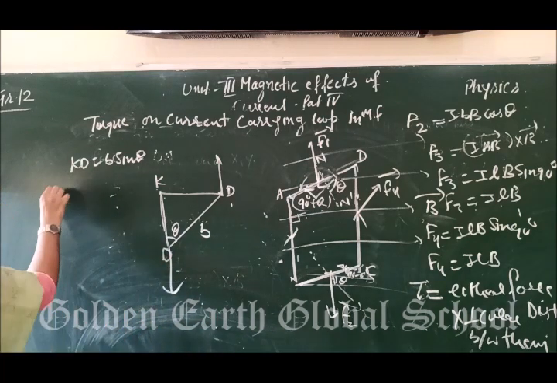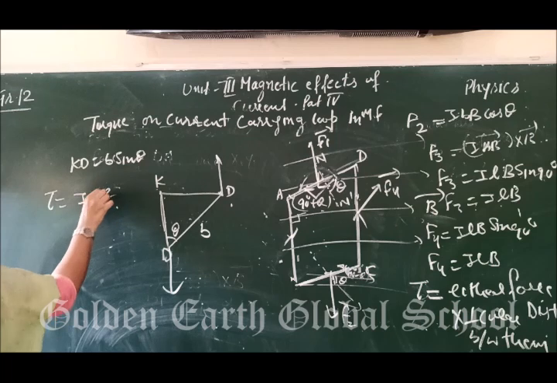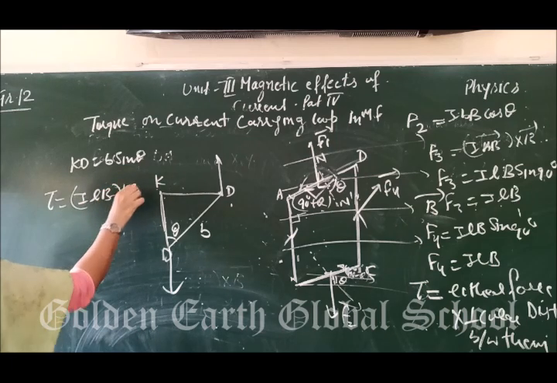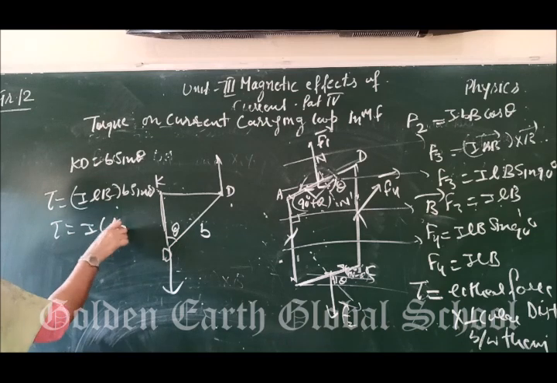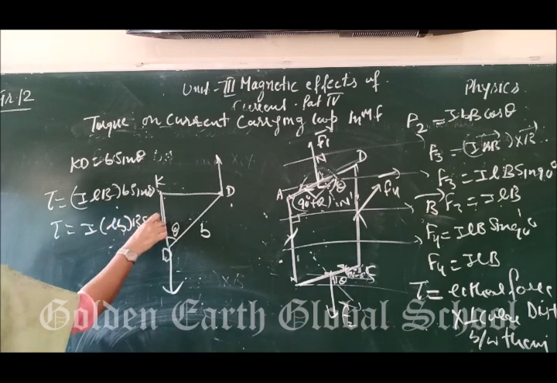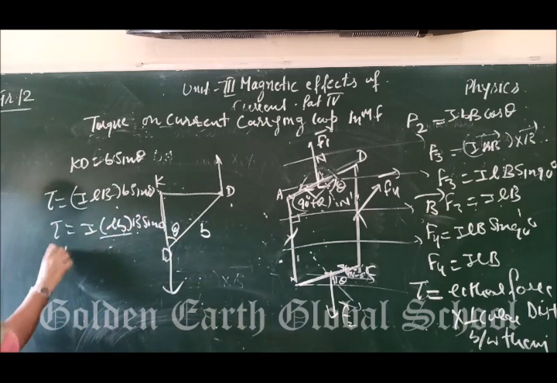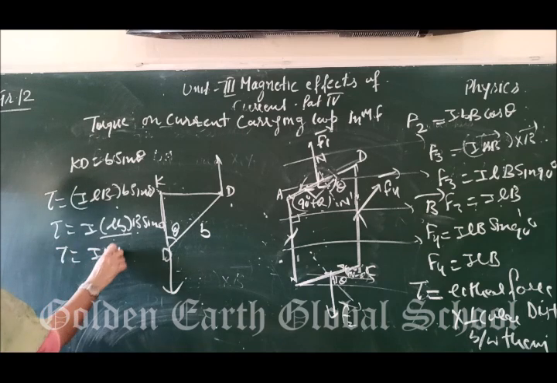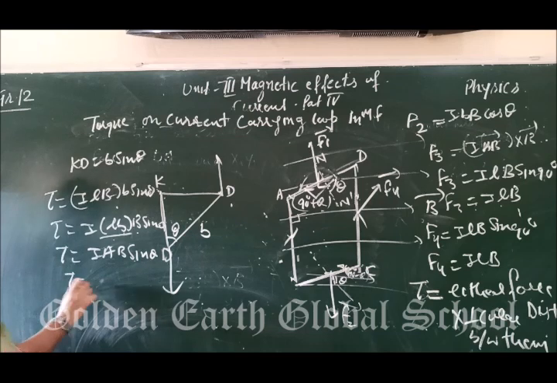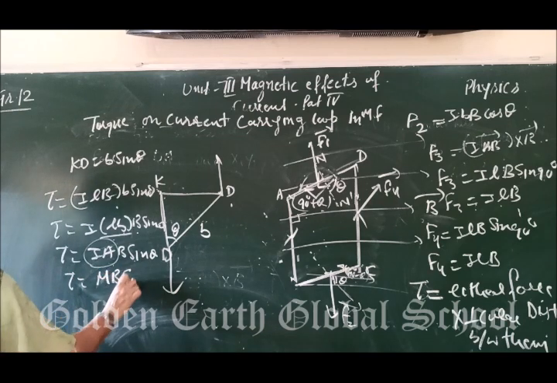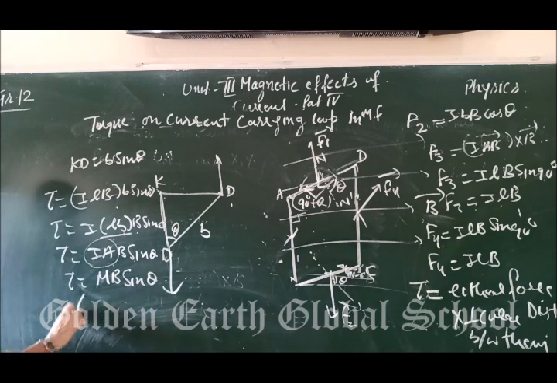So torque is equal to ILB into B sin theta, or torque is equal to I into LB into B sin theta. This is the area of the coil, IAB sin theta. Now torque is equal to IA can be written as M, that is the magnetic dipole moment, or torque is equal to M cross B.